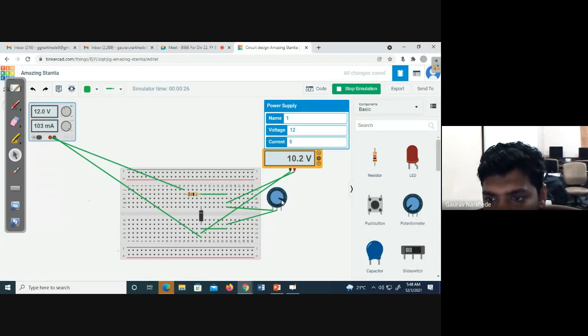So we will just change it. This is the no load condition, right? We want 5 volts, so exactly when it is 400 milliamperes, you will get 5 volts, right?